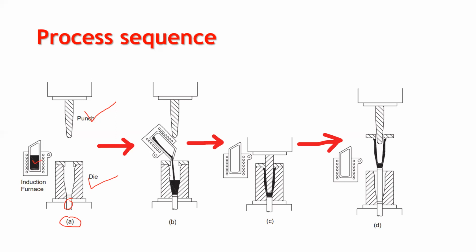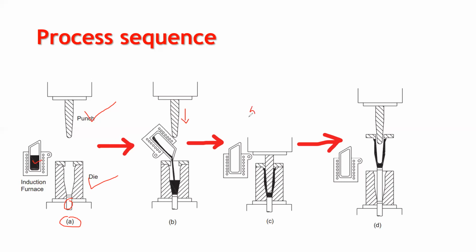In the third step, the punch is lowered and mates with the die. The molten metal poured into the die cavity fills the empty spaces, the clearance between the die and the punch.